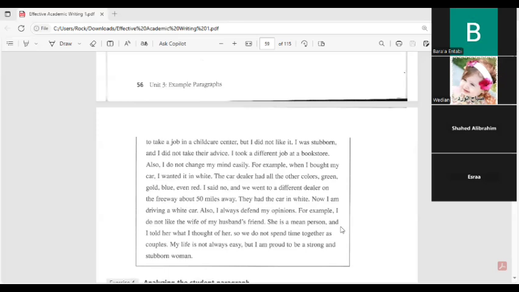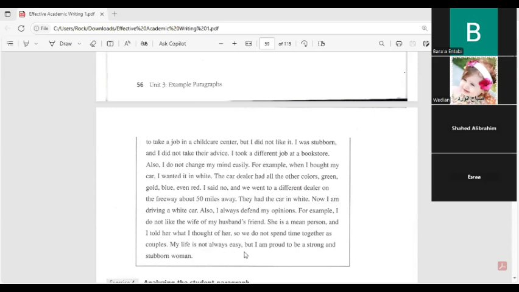Mean means not kind. It has 2 meanings: not generous, like stingy, or not kind, like cruel. And I thought of her, so we don't spend time together as couples.